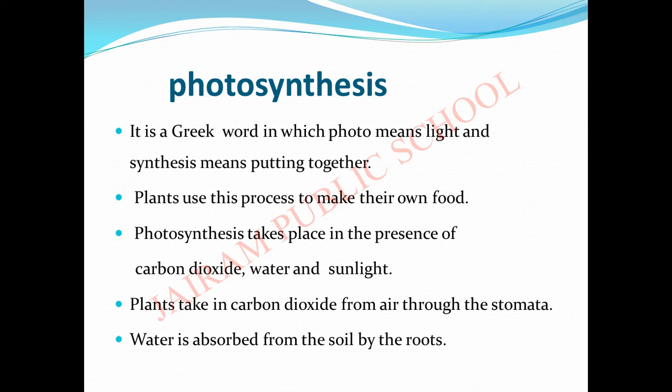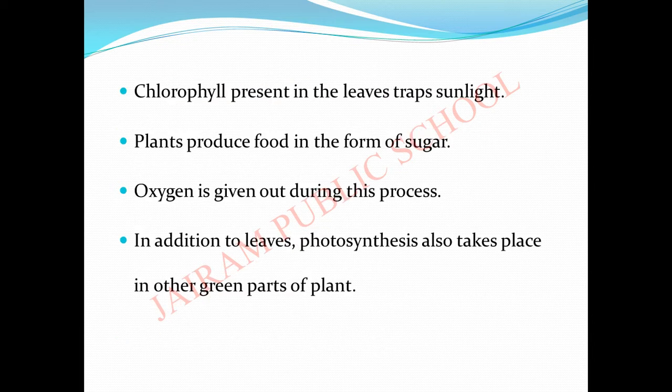Let's move on to the next slide, children. Are you all listening? You have to repeat with me. Chlorophyll present in the leaves traps sunlight. Plants produce food in the form of sugar. Oxygen is given out during this process.